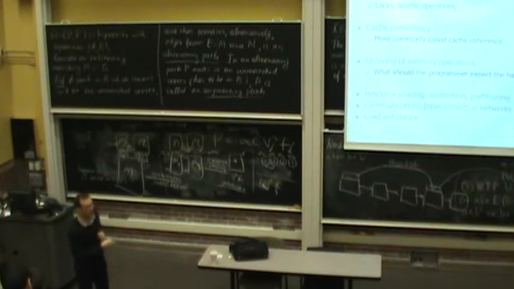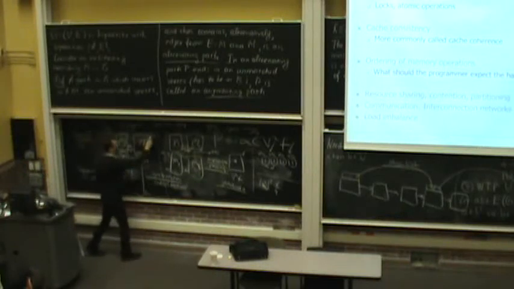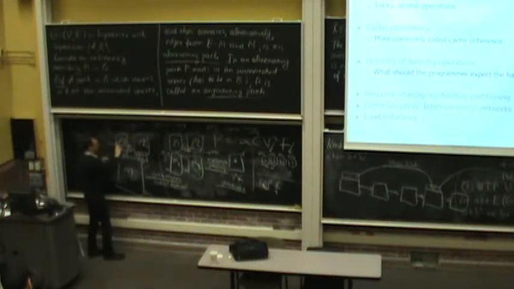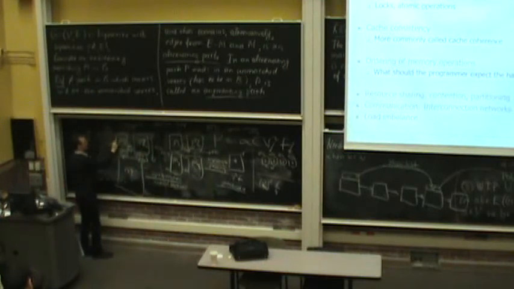Load imbalance is another issue. When you partition your program across these processors, if you want the best performance, you balance the work across the different cores. If you do not balance your work, this processor will execute, let's say, for 10 seconds, whereas this processor, which you gave a task because you partitioned your problem that way, finishes in 1 second.